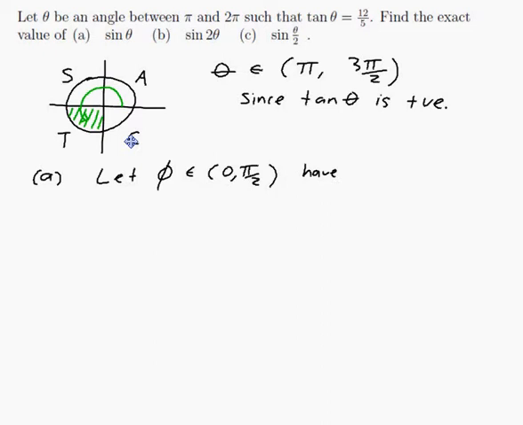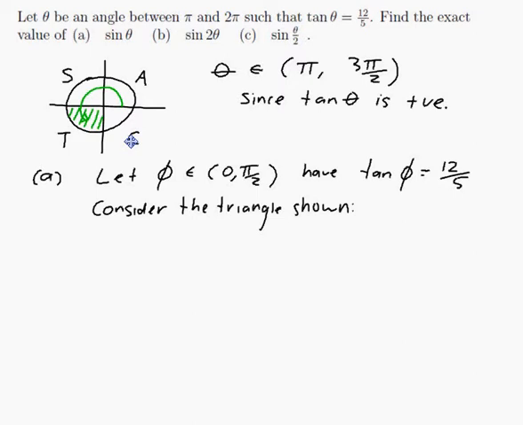Let phi, which is in the interval from 0 to pi on 2, have tan phi equal to 12 on 5. And then phi certainly fits into a triangle. So consider the triangle shown.